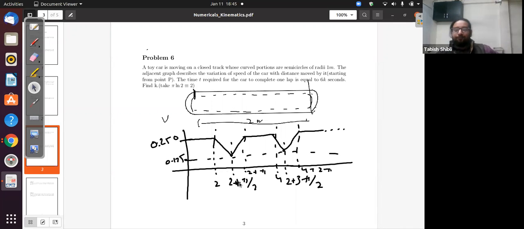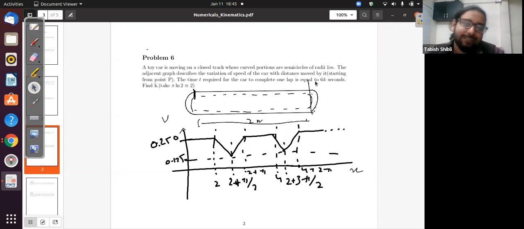Then you move 2 plus pi by 2 with decreasing and then increasing speed. So this is what the graph looks like, and this is essentially distance. And what you need to calculate is the time required for the car to complete 1 lap.